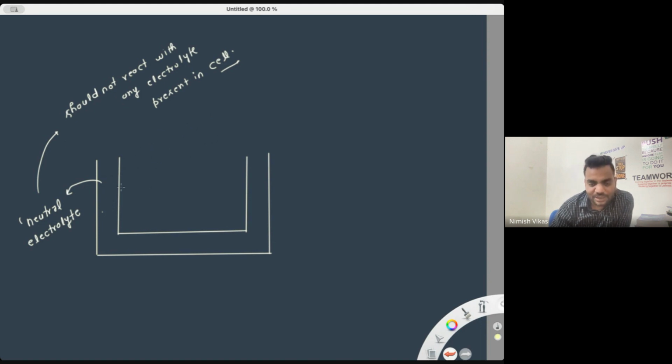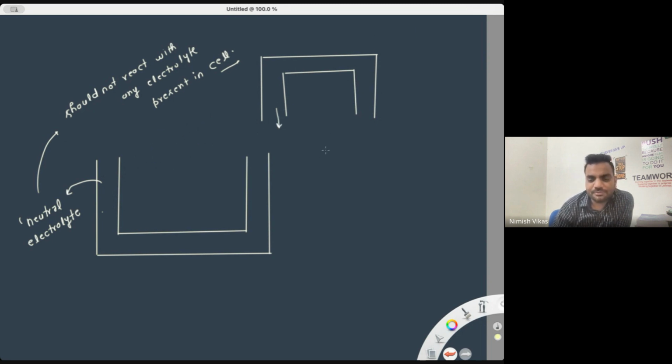We can fill the neutral electrolyte over here, but the problem is this glass tube we will be using in this format, in the inverted format. We will immerse it on both the ends. So when you try to do it, the whole solution will fall down.